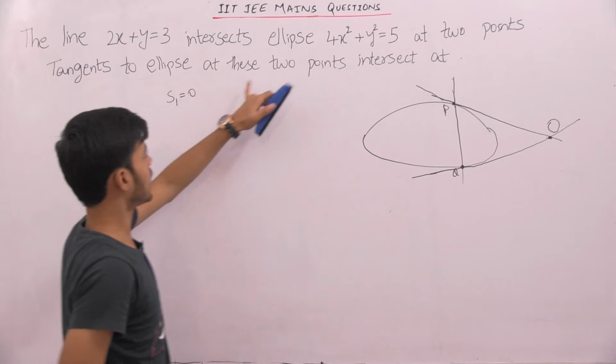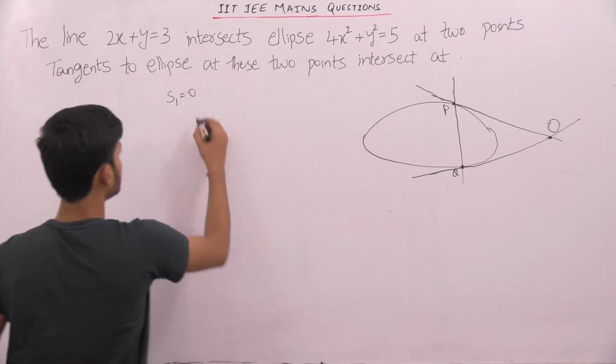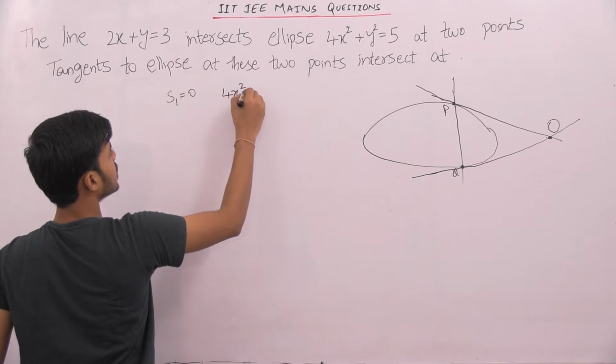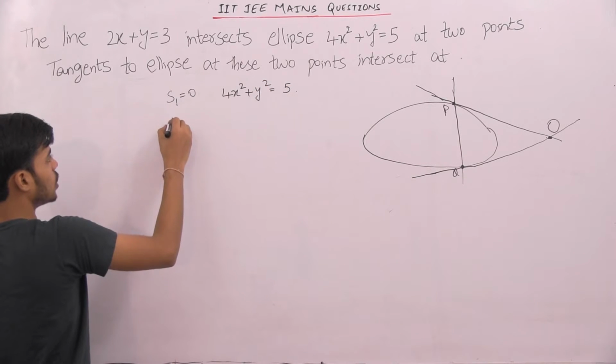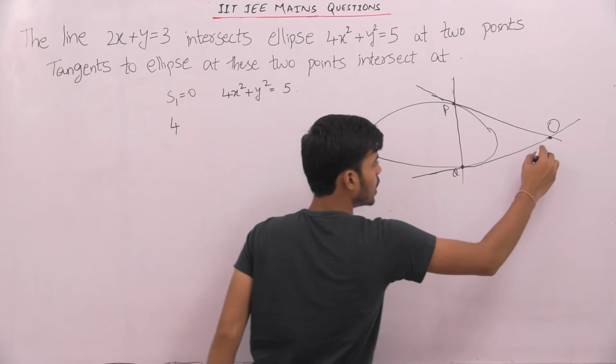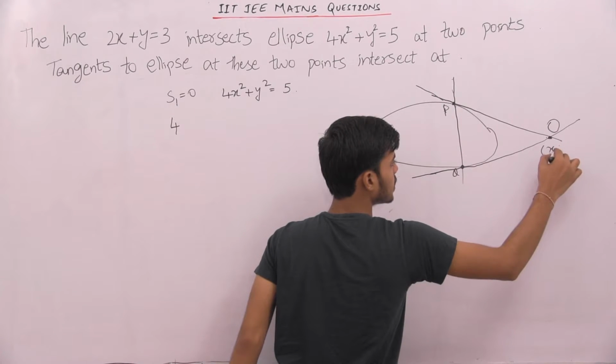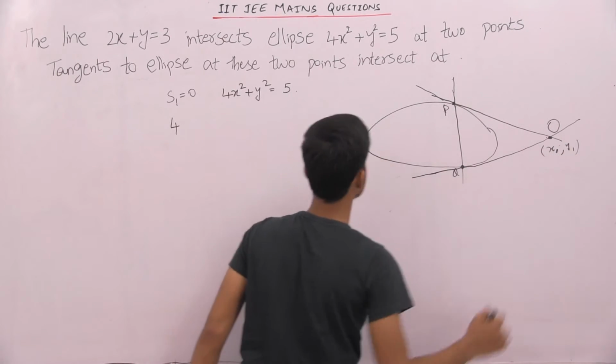So let's start writing the chord of contact for the ellipse, whose equation is 4x² + y² = 5. S1 = 0. Let the point be some (x1, y1).